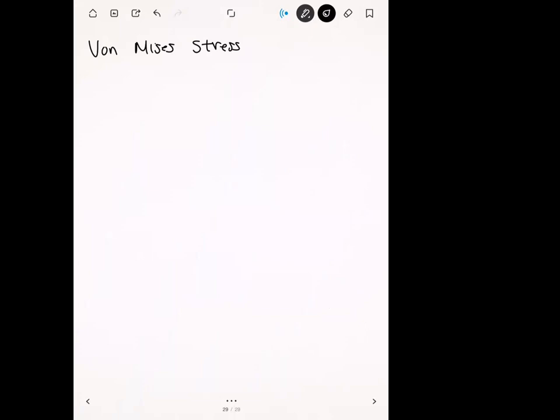I actually spelled his name right, which is amazing. I'll call this stress sigma E, where the E stands for equivalent. It looks similar to a distance formula.